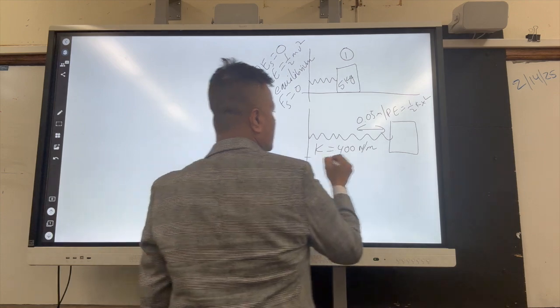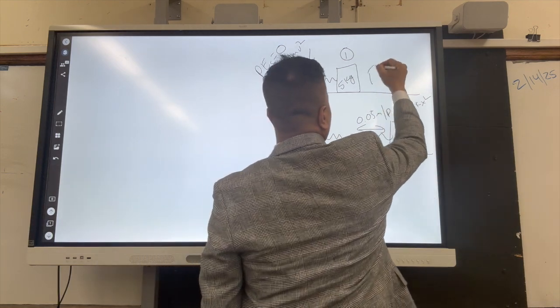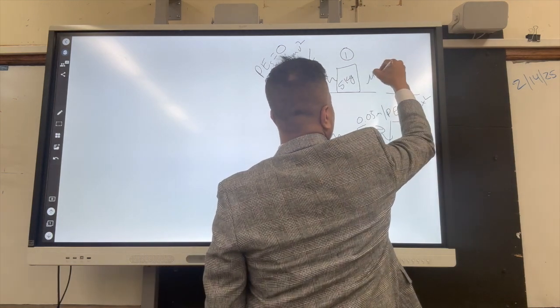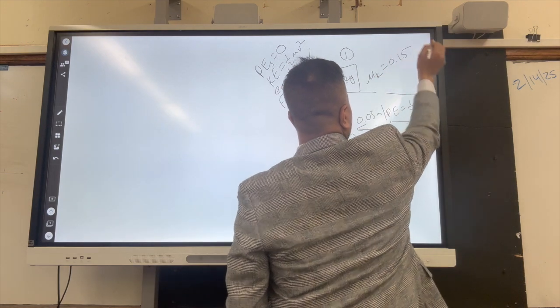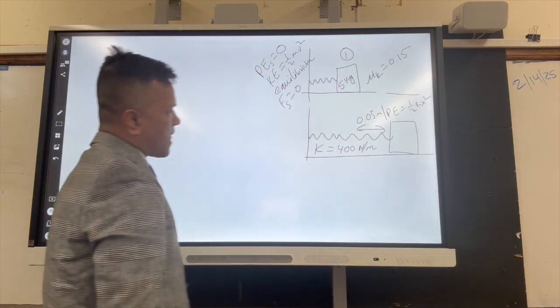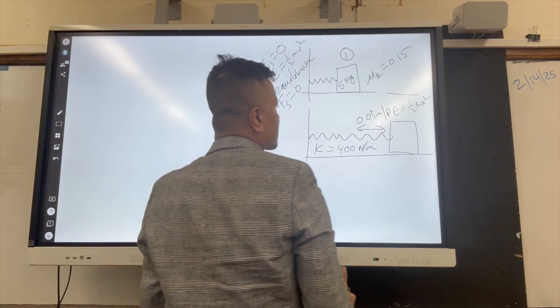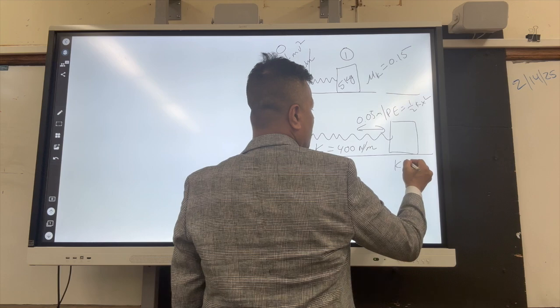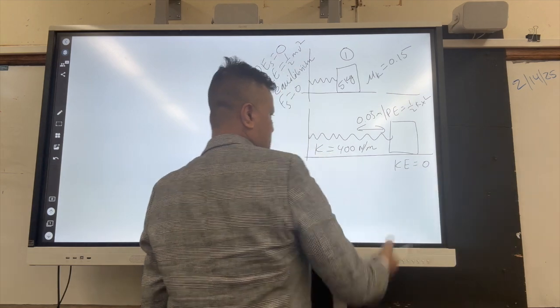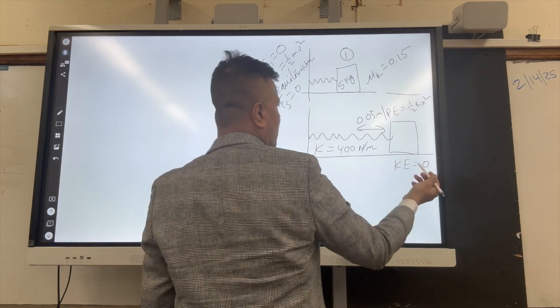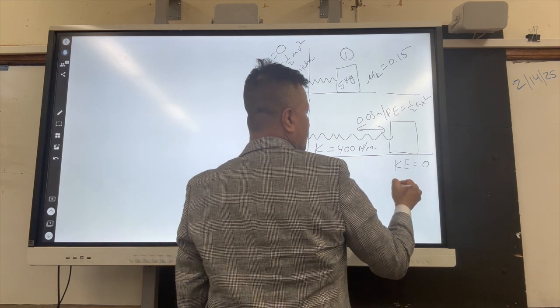And let's say there is friction. What we need to find is, by the way, kinetic energy is 0 over here. Why is that? Because you let it go, so it's going to go back and forth. What is Fs?